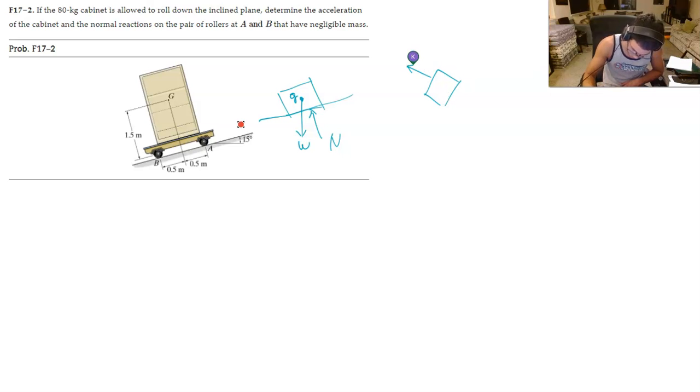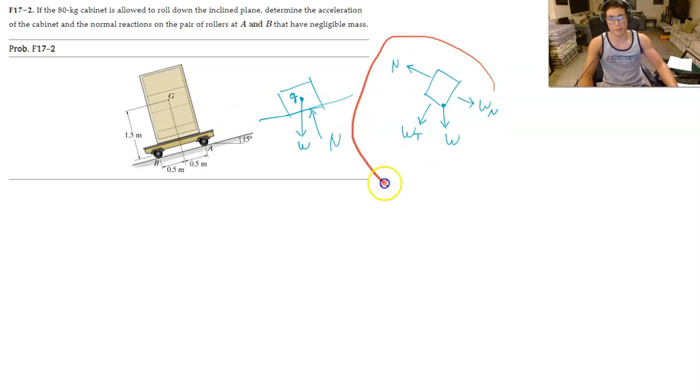We put the normal force up here, and we see that the weight will have a component in the tangential direction, and then a component in the normal direction. And that's all because weight comes straight down. This is just big weight. So this is really what we will be using here.